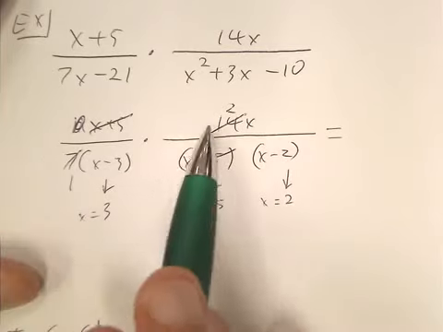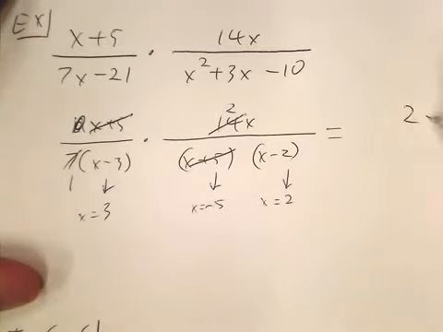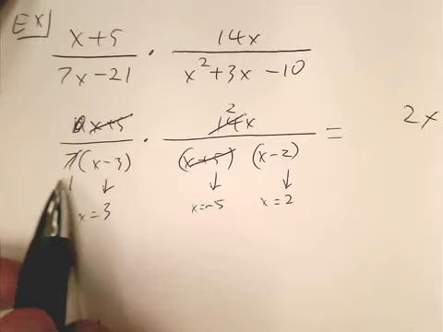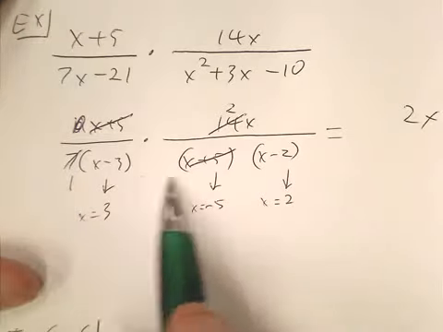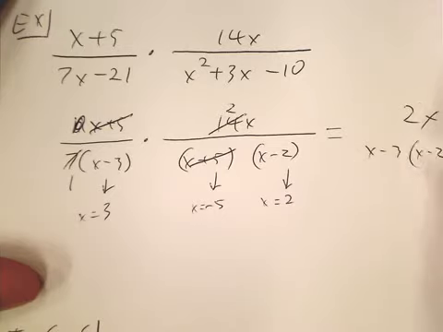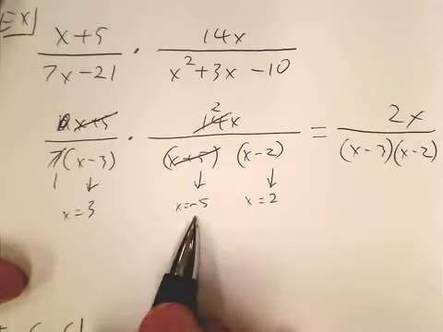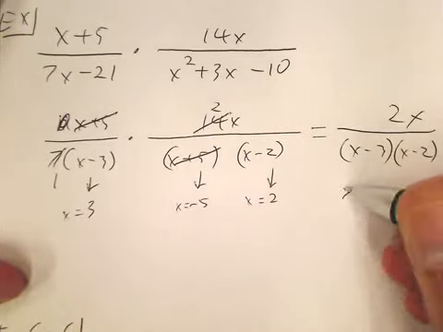The only thing I see left is a 2 and an x. And then look across the denominator. All I see is an x minus 3 and an x minus 2. Okay, so then x can't be 3, negative 5, or 2.